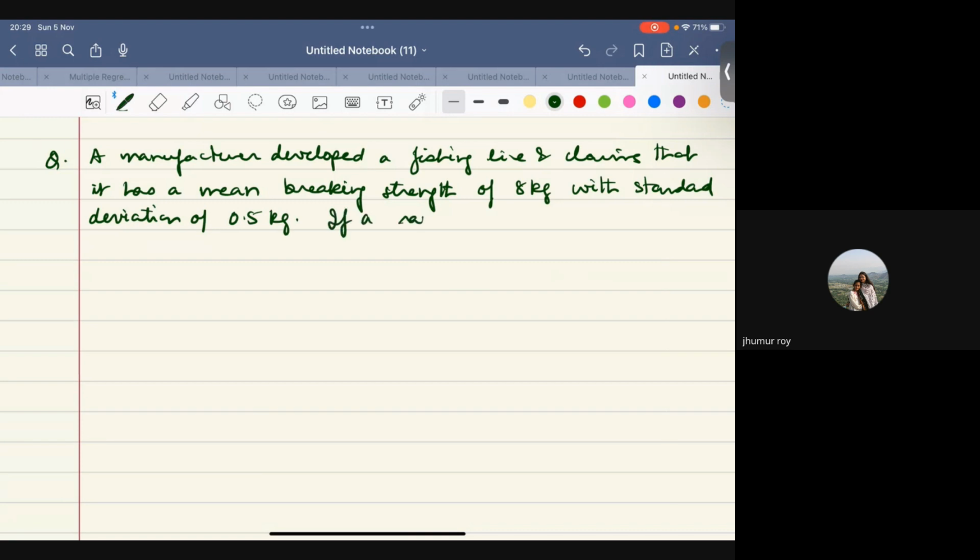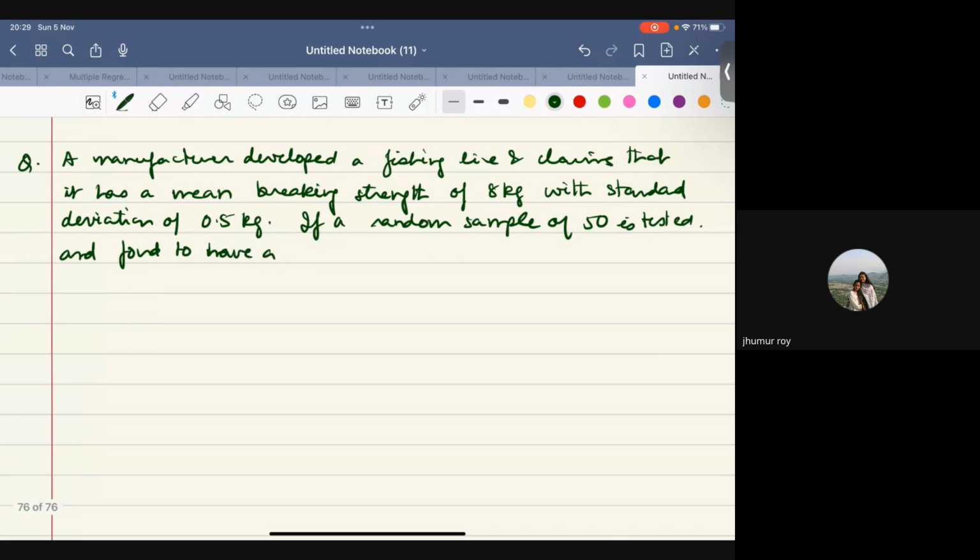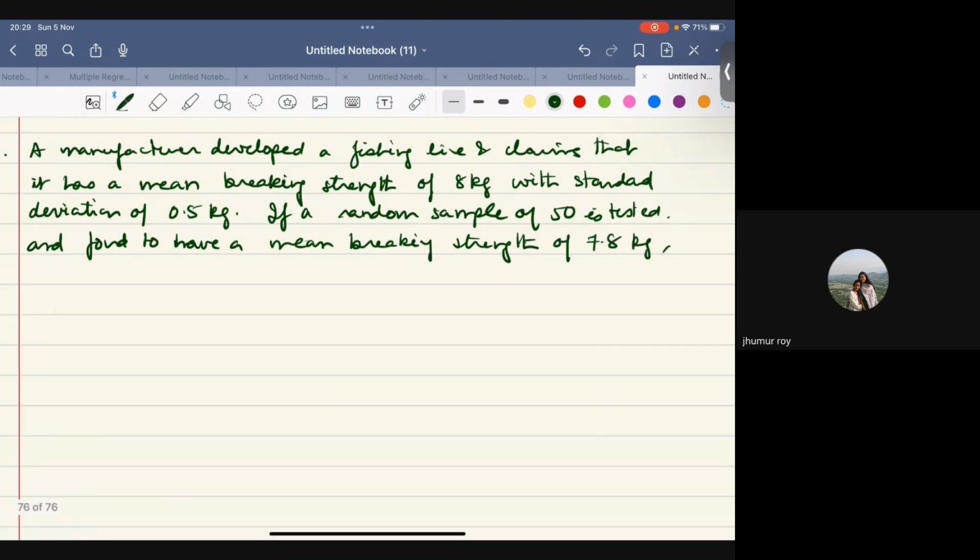If a random sample of 50 is tested, and found to have a mean breaking strength of 7.8 kgs, test the manufacturer's claim.